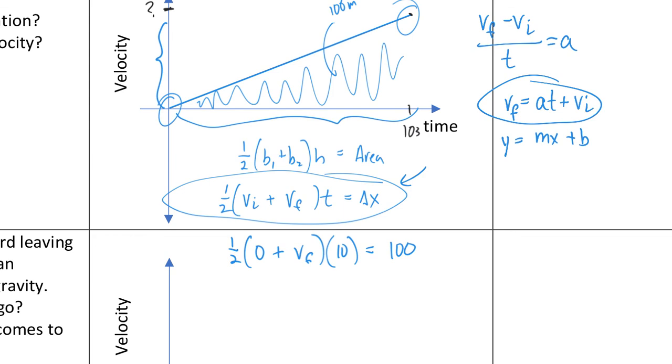We could use this to figure out what the acceleration of the runner is. I don't need a graph for it, do I? I do need the final velocity, though. I needed to know that the final velocity was 20 in order to use this. Once I knew that, 20 equals a times 10 plus 0. A is 2.